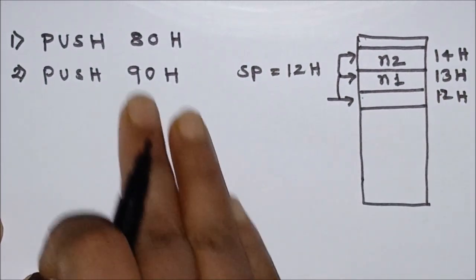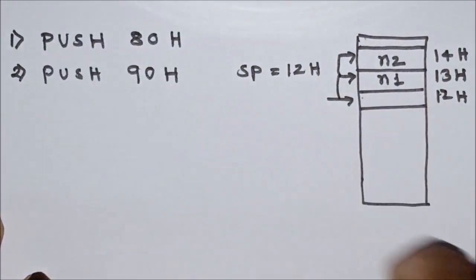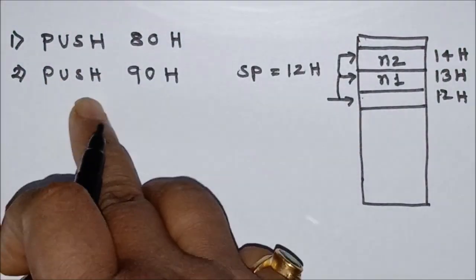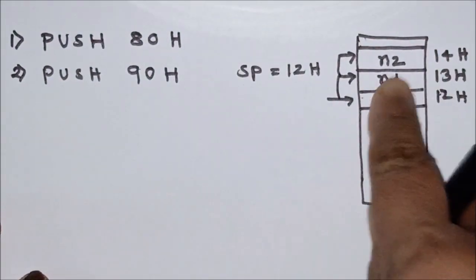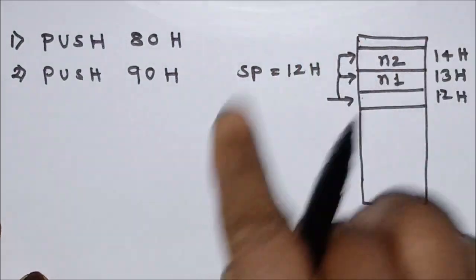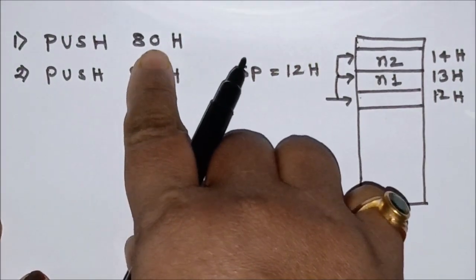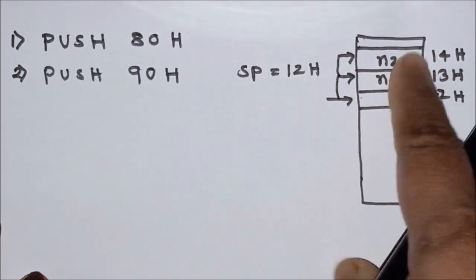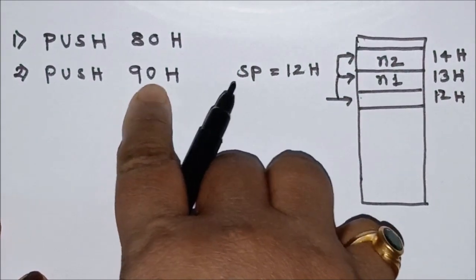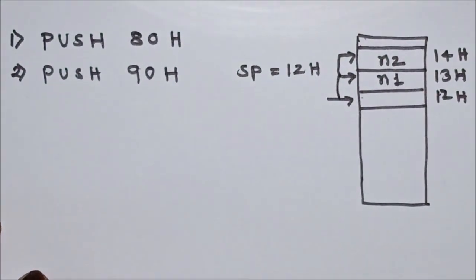Now we have stored this data temporarily on the stack. Now we'll do some other operations, and after that we want to retrieve this data and store back into that particular register. That means N1 data should be stored back at address 80H, and N2 data should be stored back in the register whose address is 90H.